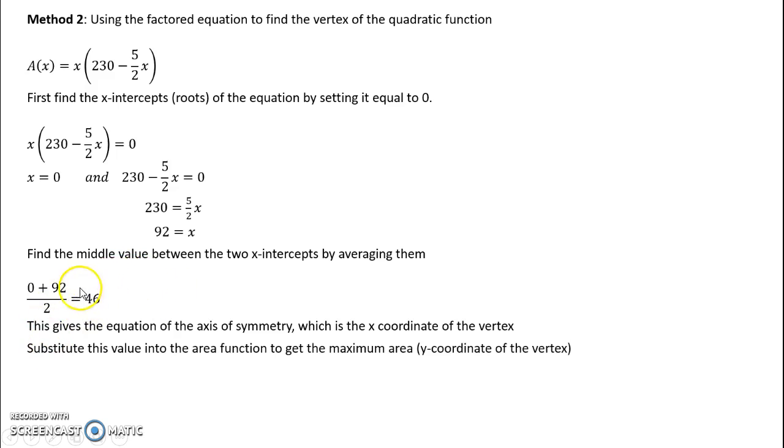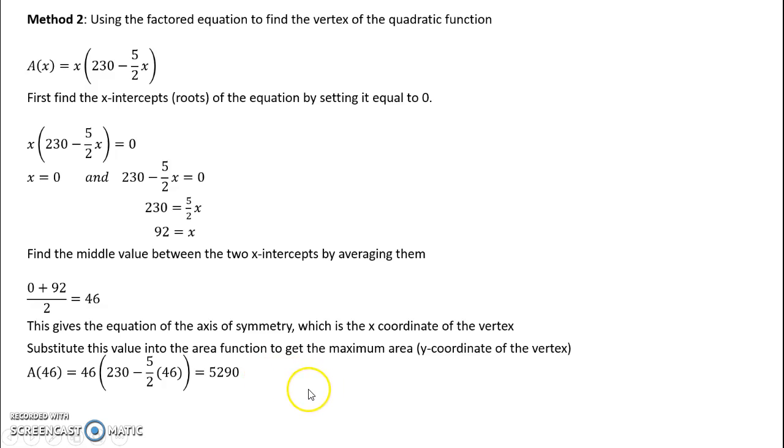Okay, and so now we're going to substitute this value into the area formula. Okay, so into the factored area formula to get the maximum area, which is the y coordinate of the vertex. Okay, so we substitute in 46 into the factored equation, and we get 5,290. Okay, so same as what we got with method 1.